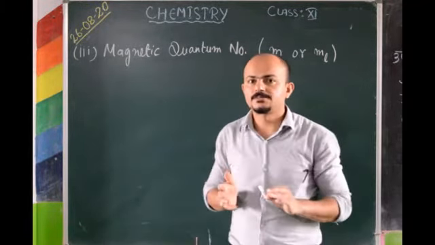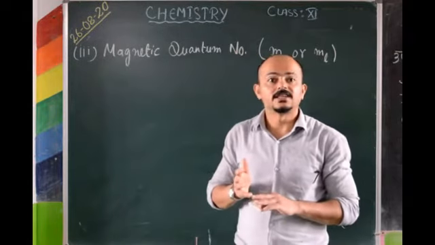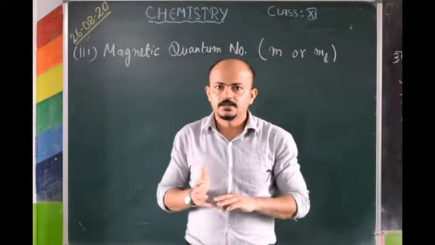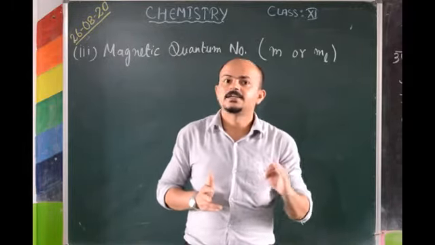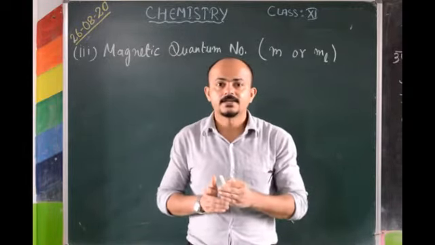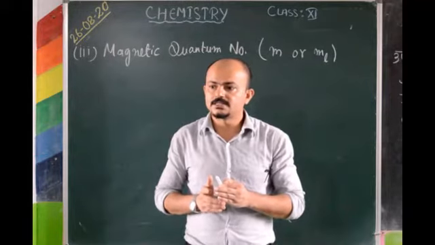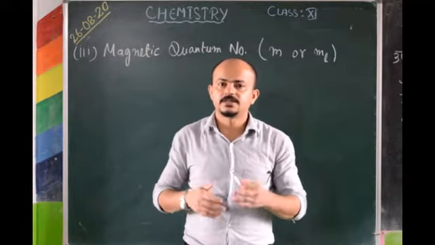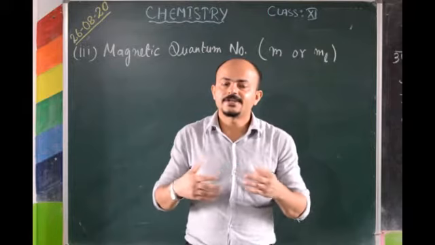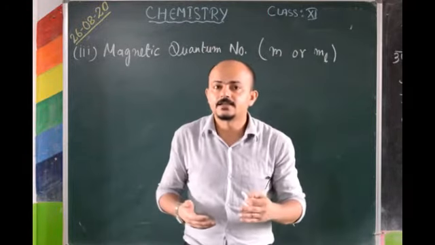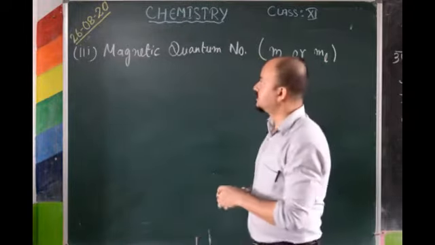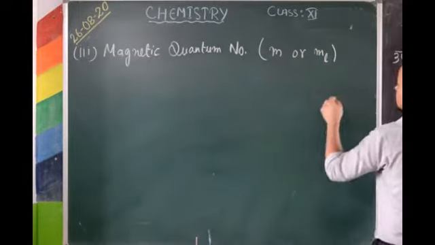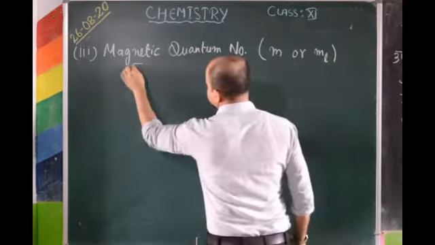The first, principal quantum number, gives us the number of shells. The second quantum number, the azimuthal quantum number, tells us about subshells. Now this magnetic quantum number tells us about orientation. They will be oriented in different ways under the influence of an external magnetic field. And this orientation is known as orbitals. And here we are discussing orbitals.